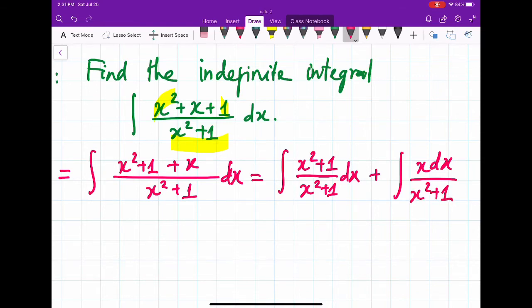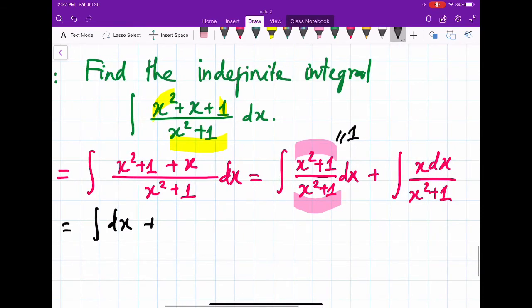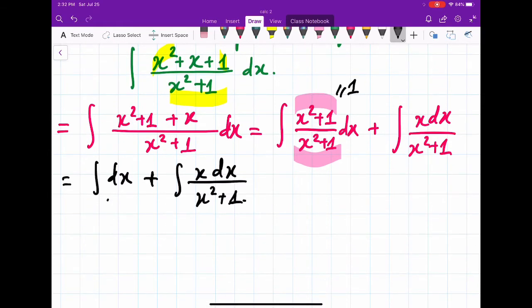You see, we already have this, this is just 1. So in the first integral I have the antiderivative of dx. The second one is x dx over x squared plus 1, we just did this recently. For the first one, that is just x. For the second one we have the combination x dx and then x squared plus 1.